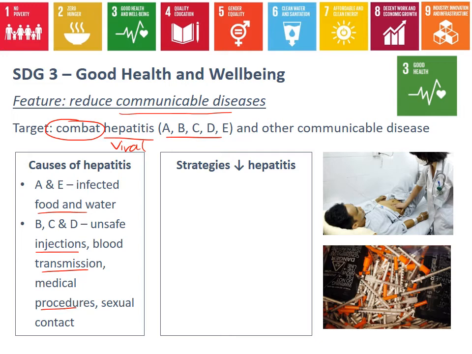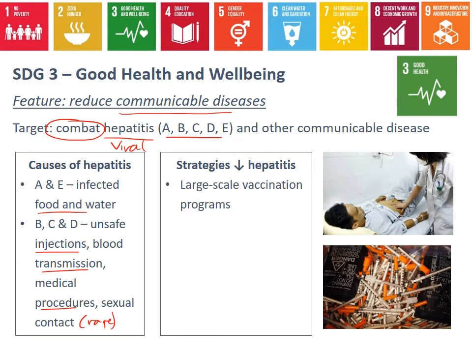A lot of countries don't have the resources to have really good sanitized products and all of those kind of things that we would have here. So some people contract hepatitis in hospital. And also sexual contact, but that's a more rare type of transmission for hepatitis.